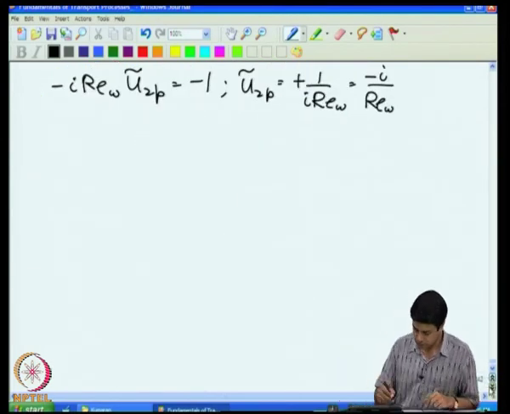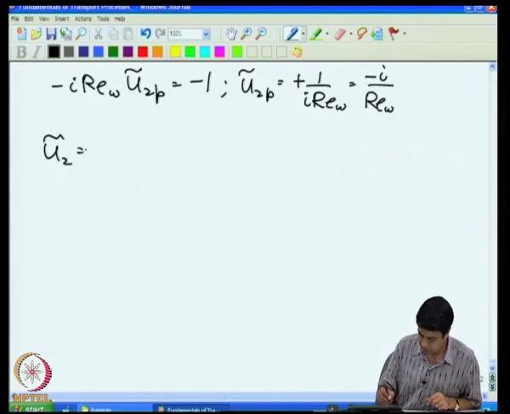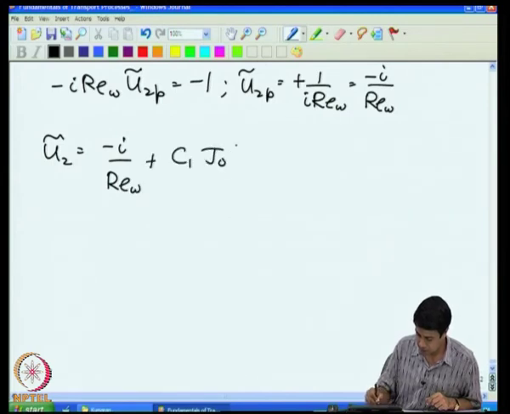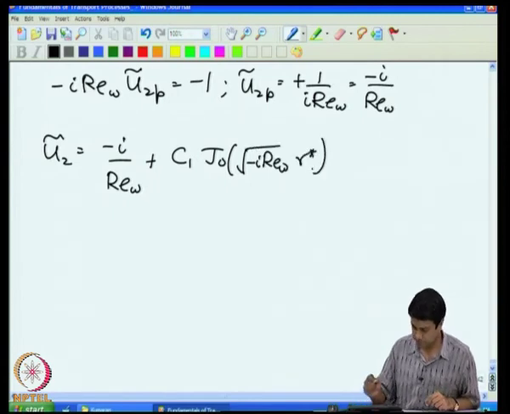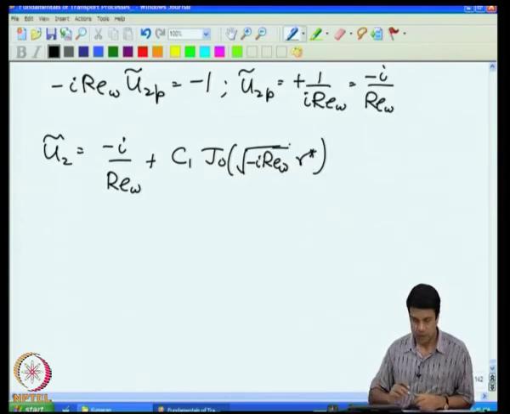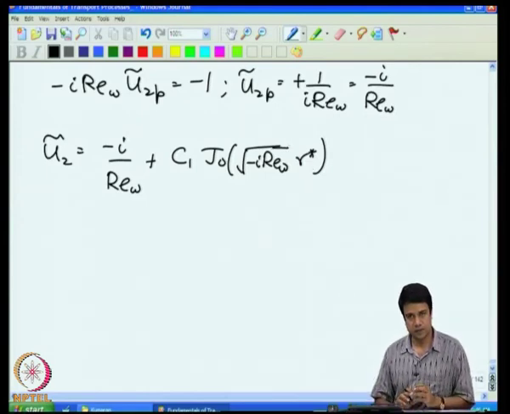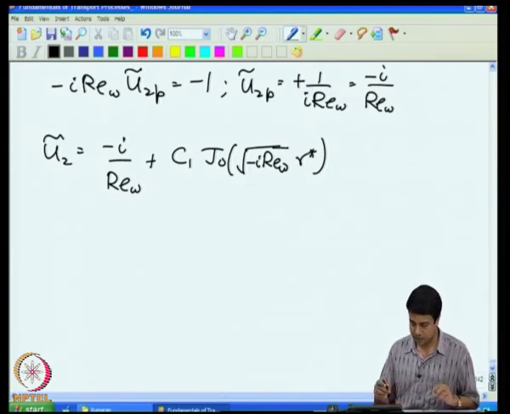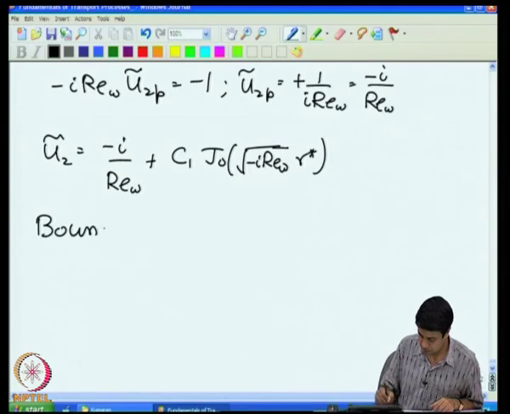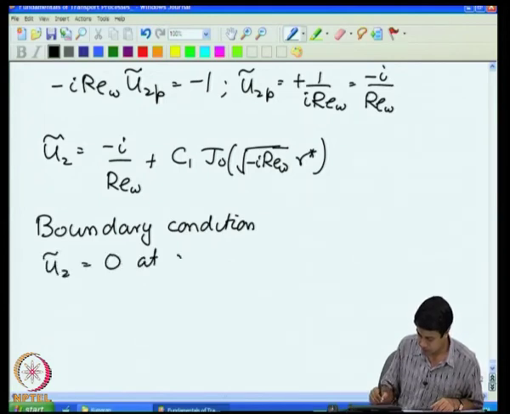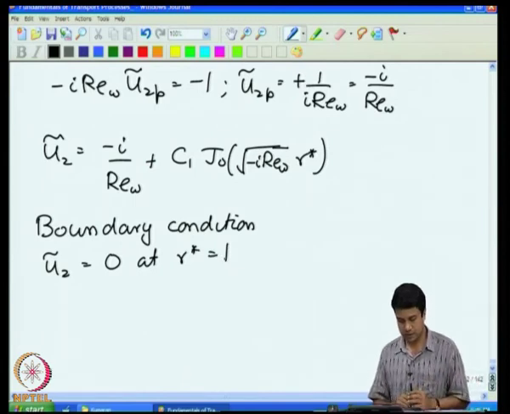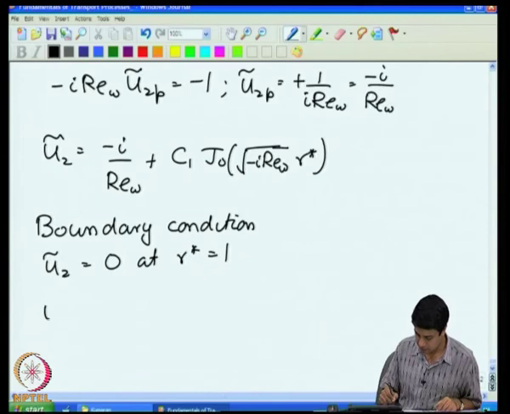Therefore, u z is equal to minus I by Re omega plus C 1 J naught of the square root term, and C 1 is evaluated from the boundary condition that we have not yet used. The boundary condition is u z tilde equal to 0 at r star equal to 1. Using that condition, we can easily get the velocity profile.